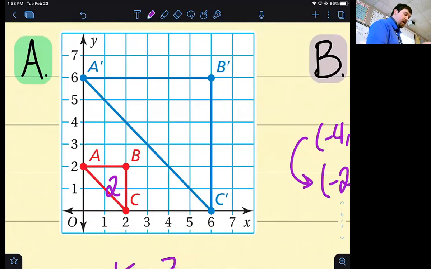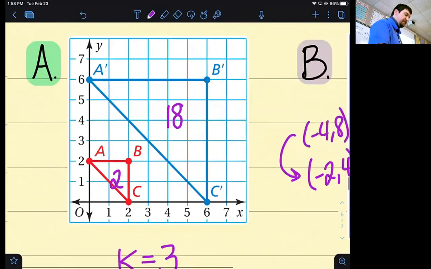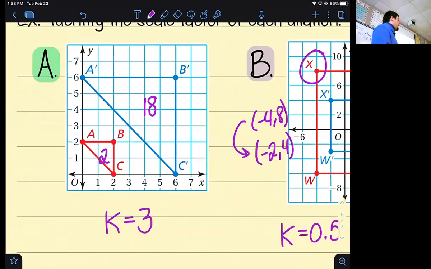The area of this triangle, multiply the base, which is 6, by the height, which is 6. What's 6 times 6? 18. Divide by 2. 18. Okay.